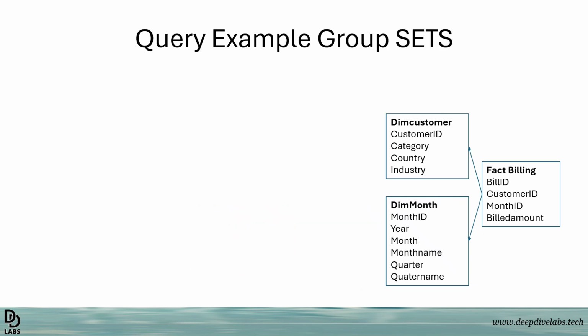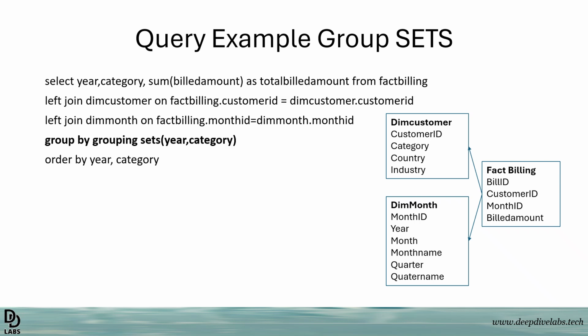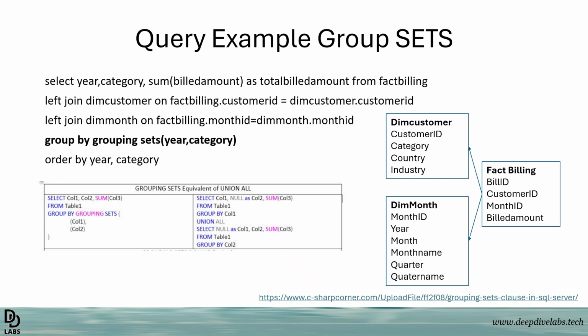So let's take an example of grouping sets. The same data set, if you are trying to look for grouping, right? You're doing your left join typically, but you do group by grouping sets, year and category. What that does is it basically unions the group by year and the group by category, right?